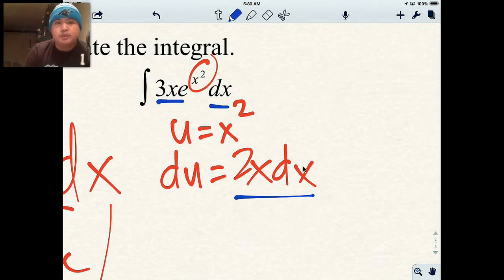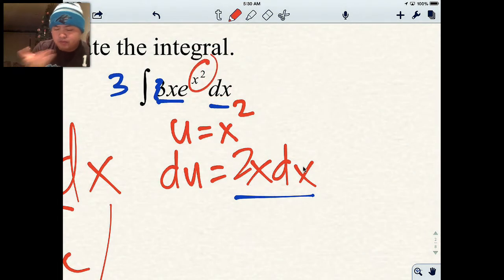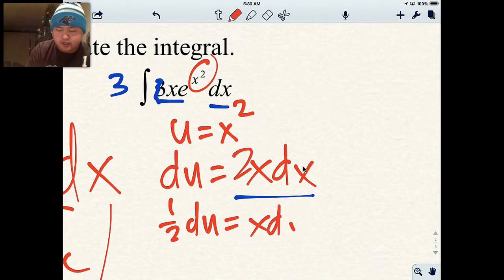So I'm going to do two things. One, I could factor out this 3, just like we did in the last problem, so I just have an x dx, which means on this du, I'm going to divide both sides by 2. Half du equals x dx. And now I have a good substitution.